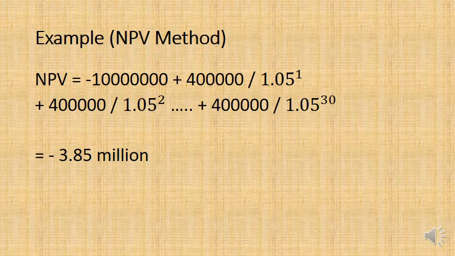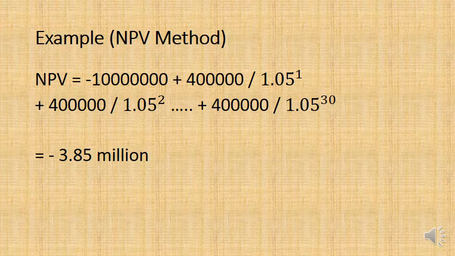The net present value is the negative capital cost, so that's the negative 10 million there, plus $400,000 over 1.05 to the power of 1.